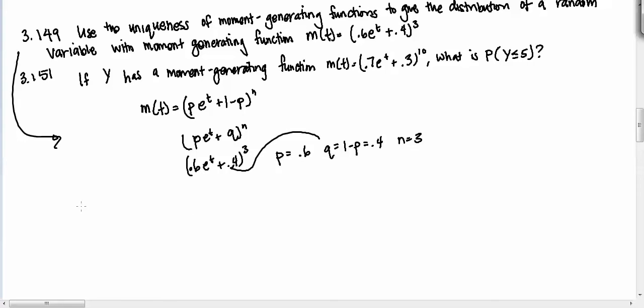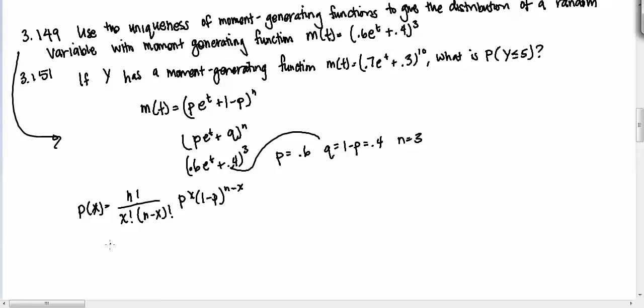So I just plug that into my equation. I have p(x) equal to n factorial over x factorial times (n minus x) factorial, p to the x, (1 minus p) to the n minus x.